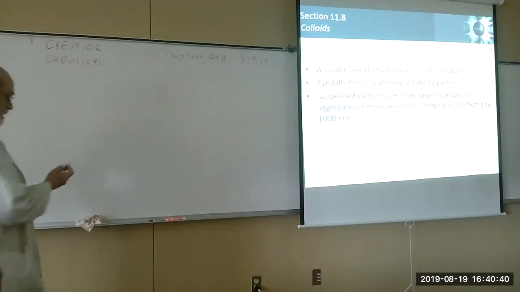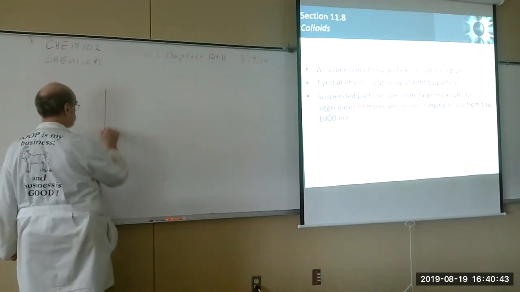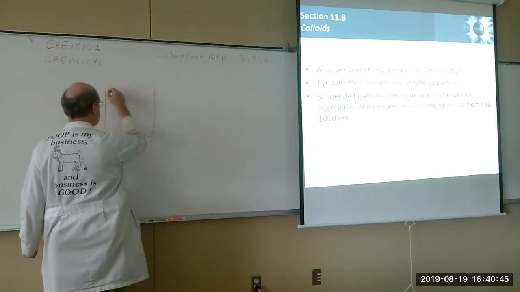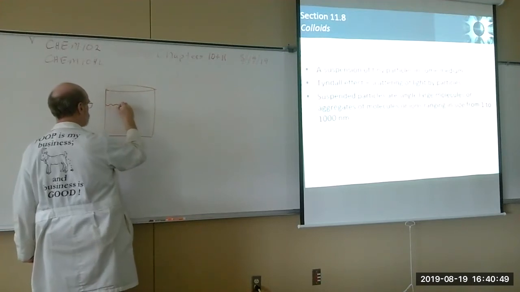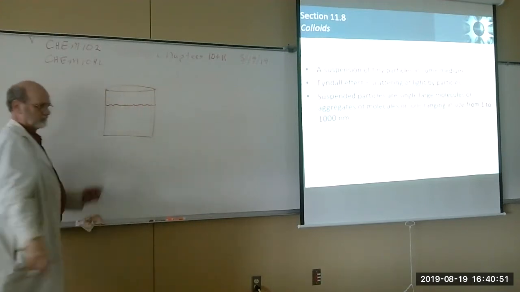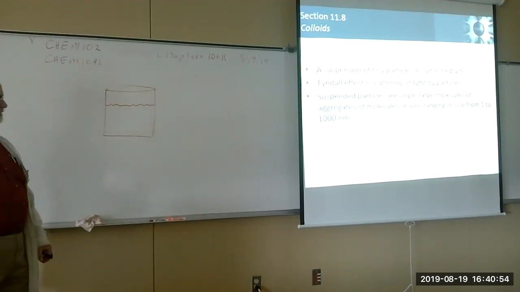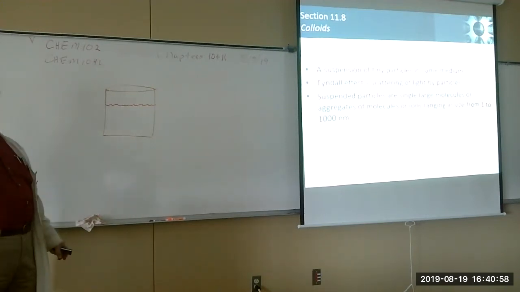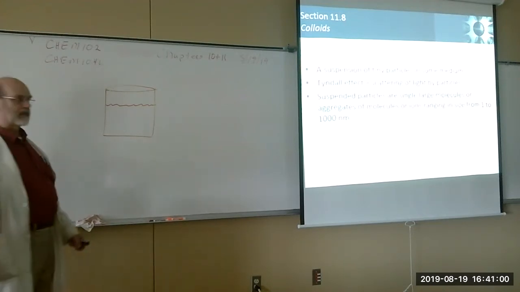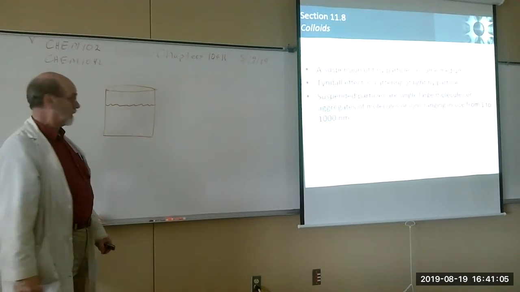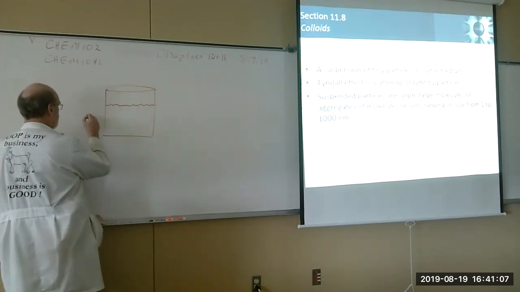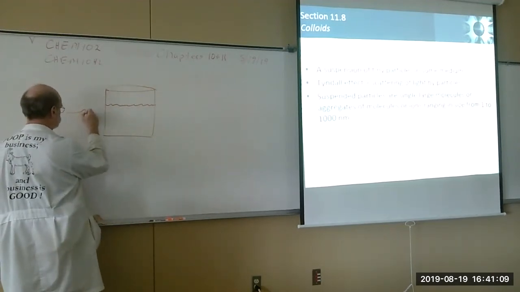Well, the best way to do it is with the Tyndall effect. So you have a glass container, you have your mixture here. You're trying to decide if it's a solution or a suspension. And a colloid is a type of suspension. You take a bright light, right?